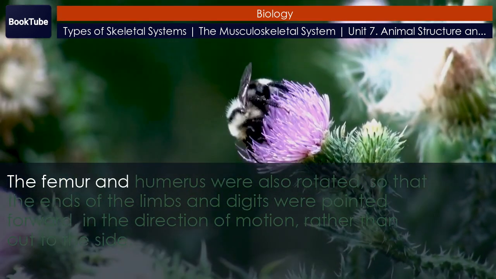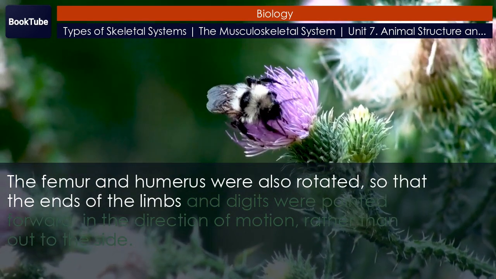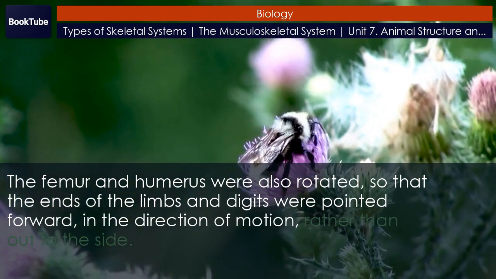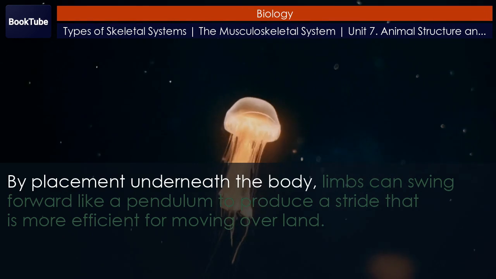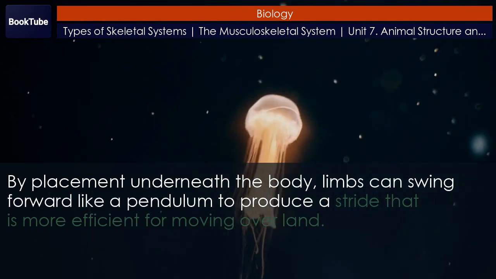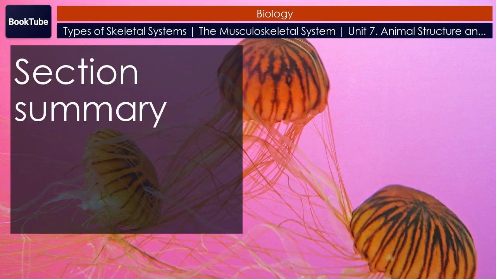The femur and humerus were also rotated, so that the ends of the limbs and digits were pointed forward, in the direction of motion, rather than out to the side. By placement underneath the body, limbs can swing forward like a pendulum to produce a stride that is more efficient for moving over land.